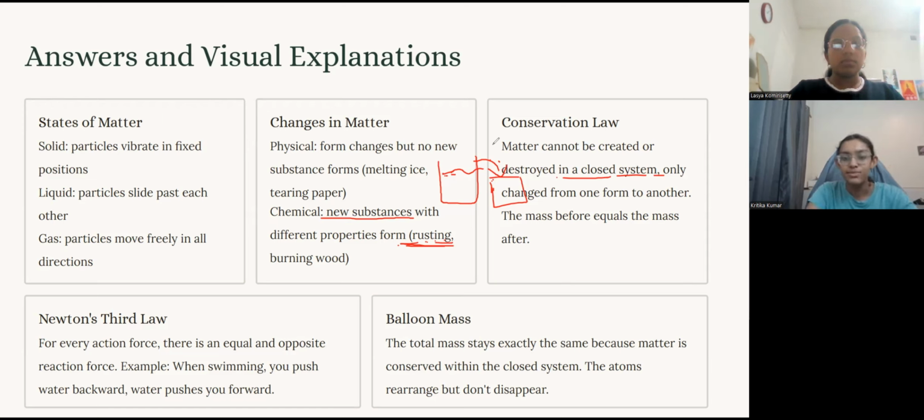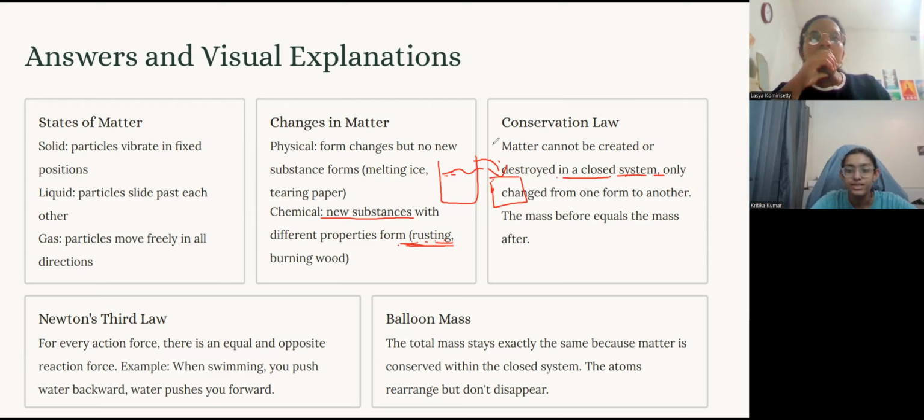And then let's talk about the balloon's mass, right? The total mass stays exactly the same because matter is conserved within a closed system, and it is within a closed system unless there's an external force acting on it, which we will not have until higher levels of physics, so you don't have to worry about that just yet.